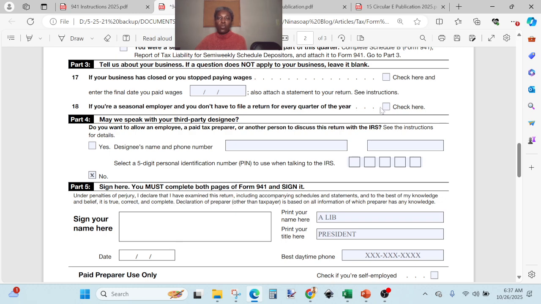They are not going to be expecting a form from you for a quarter you didn't file for. But each time you are filing this form for a specific quarter, it is important you check this box to remind them that you are a seasonal employer. You do not file 4 forms for an entire year, because there are some parts of the year you do not have employees.